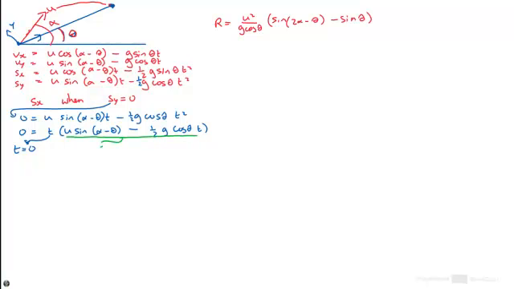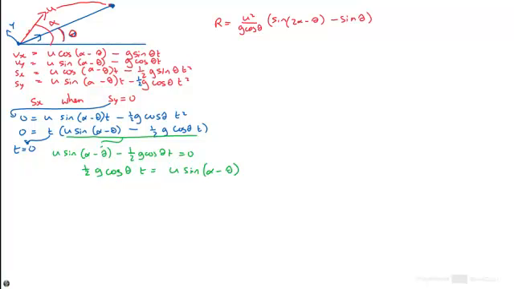So we solve for t: u sine alpha minus theta minus a half g cos theta t is equal to 0. Move the half g cos theta t over to the other side, so a half g cos theta t is equal to u sine alpha minus theta.